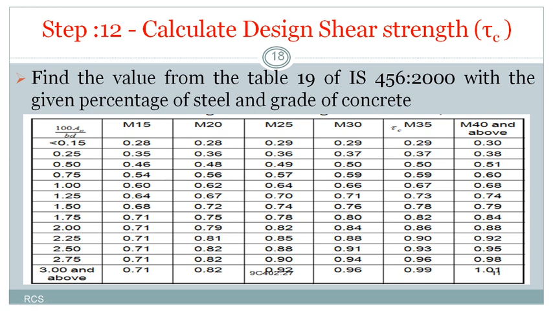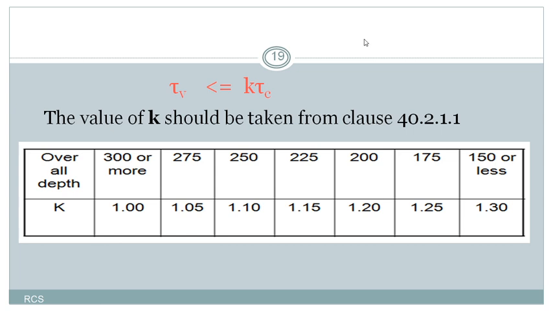But with respect to a slab, the tau c value obtained should be multiplied with some factor called K. That K value will depend upon the overall depth of the slab. This is the table given in IS 456:2000, clause number 40.2.1.1, and values are like this.